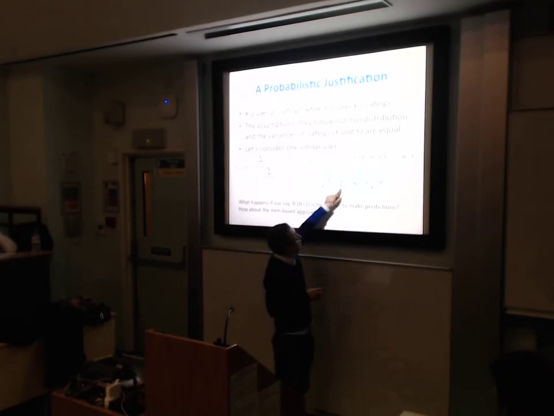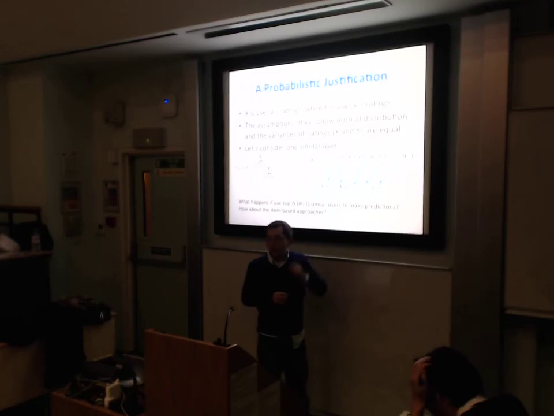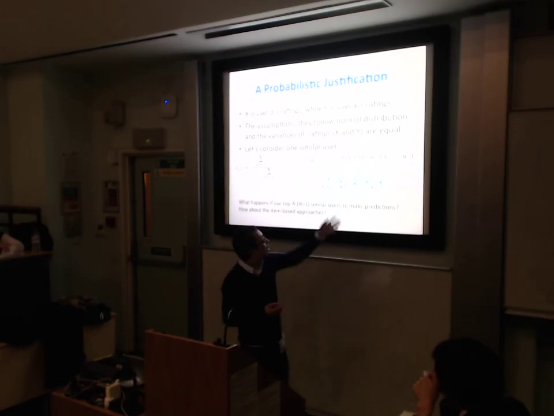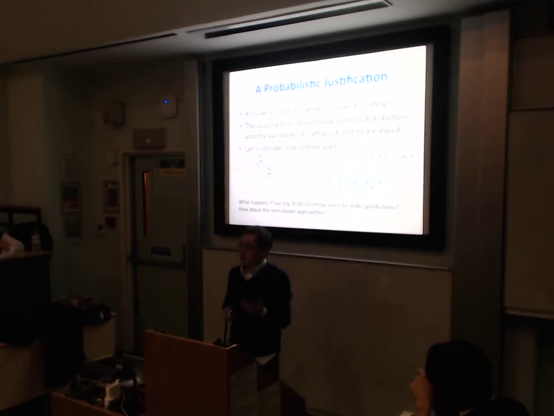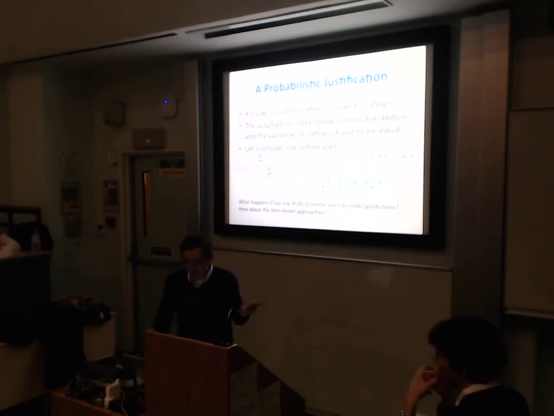So this is basically your average rating. And if we assume the variance of these two random variables is the same, then here you only calculate the Pearson correlation, where again we're using Pearson correlation, but in the standard, common user-based collaborative filtering approach, we are not only using Pearson correlation, but also cosine similarity.